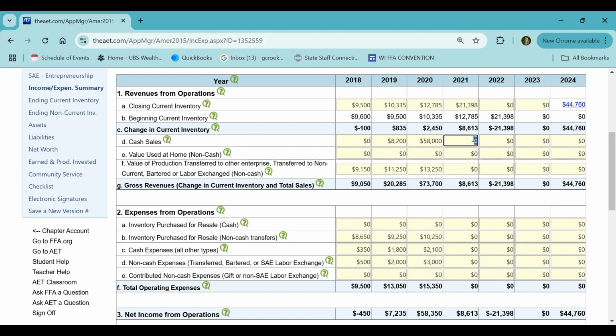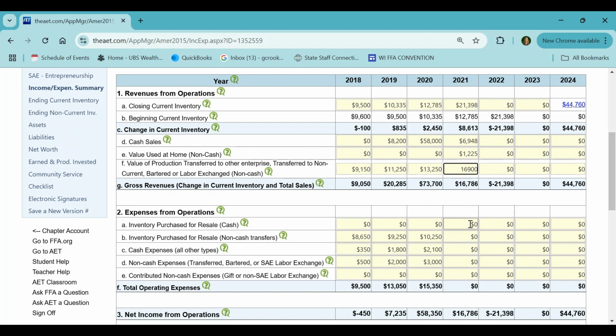So they had cash sales this year, and that was $6,948. And they did have product that they used at home. So they must have had a steer they didn't sell that they used at home. So that goes there.